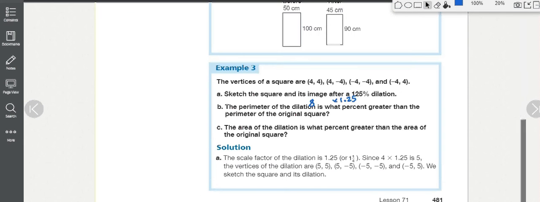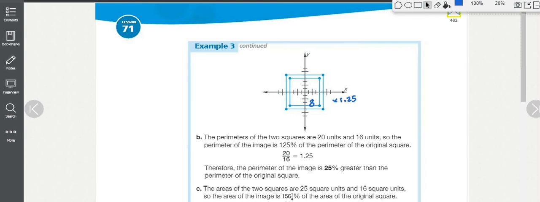I think it's saying that the perimeter is only 4. One, 2, 3, 4. 2, 3, 4. I don't understand why this isn't 8 times 4 is 24.